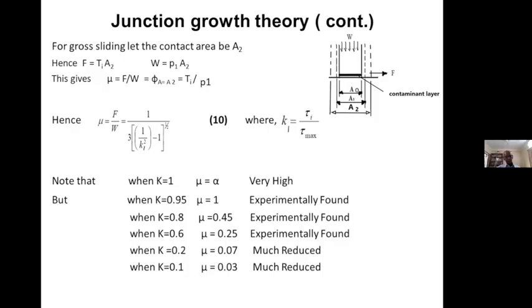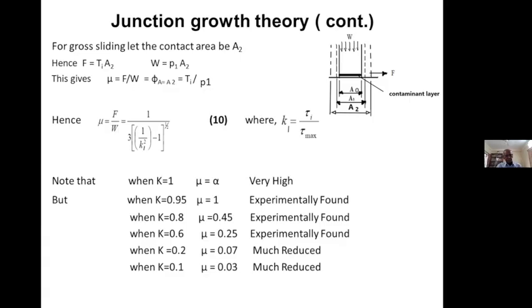Now look at this equation 10 carefully. If K is 1, it means the yield stress of the contaminant layer and that of the bulk material are equal. Then mu will be infinite, that is very high.